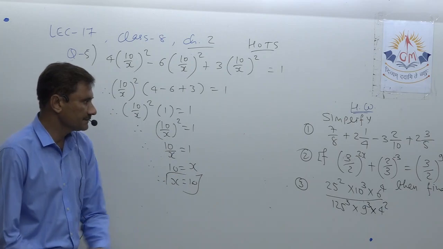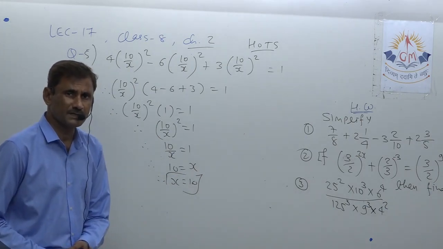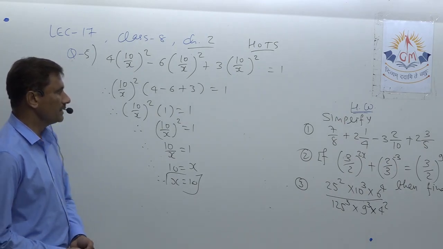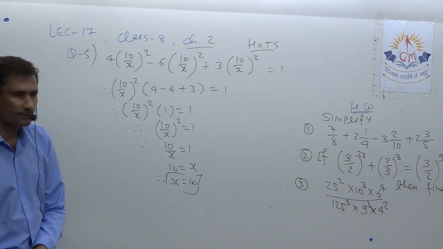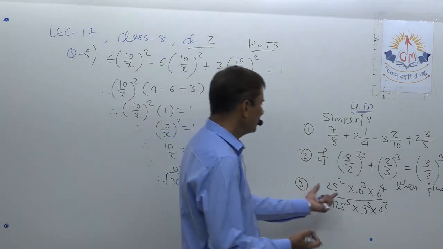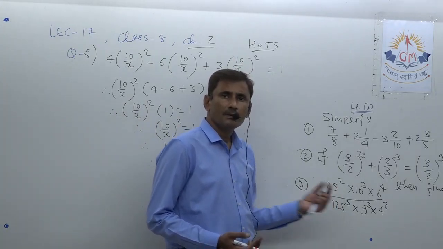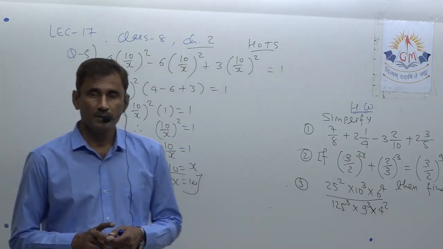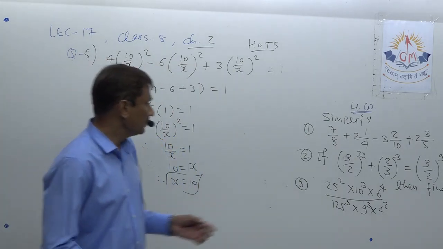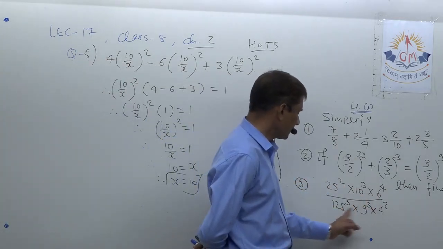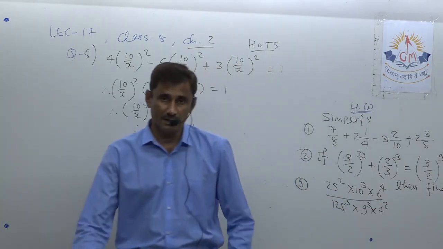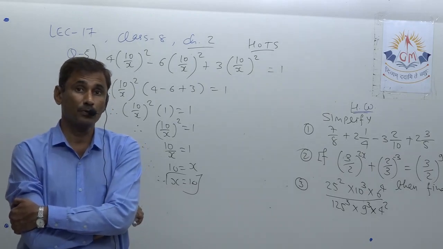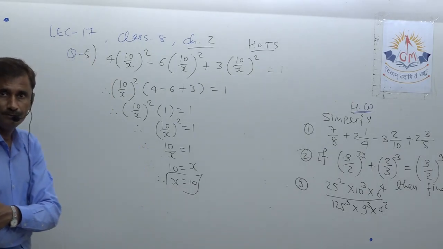Okay, so find its value, whether in simplest fraction or any way. So these three sums are in today's homework. Do it carefully. Here you can apply, first of all, the base should be in prime, so prime factorization of 25, 10, 6, everywhere prime factorization is needed. Then only the bases will be the same and then only you can apply the product law or quotient law.